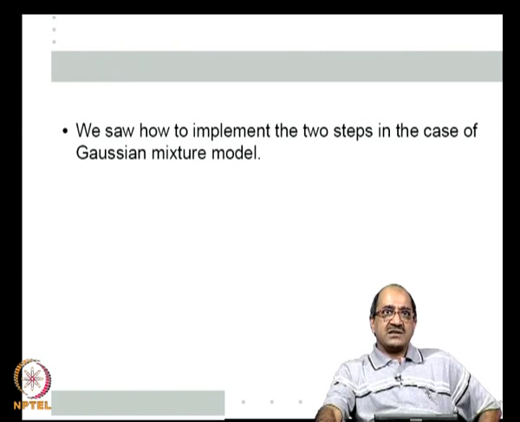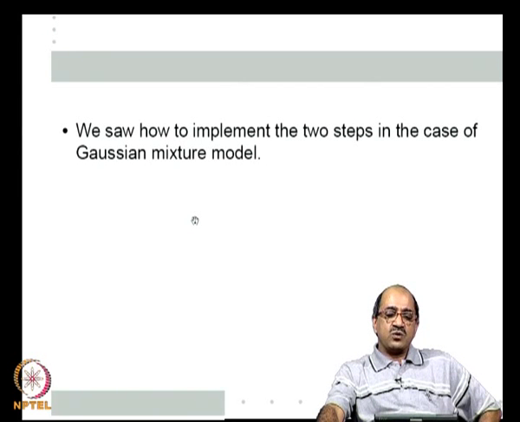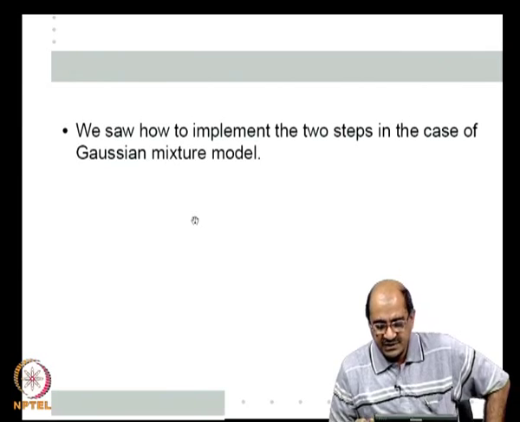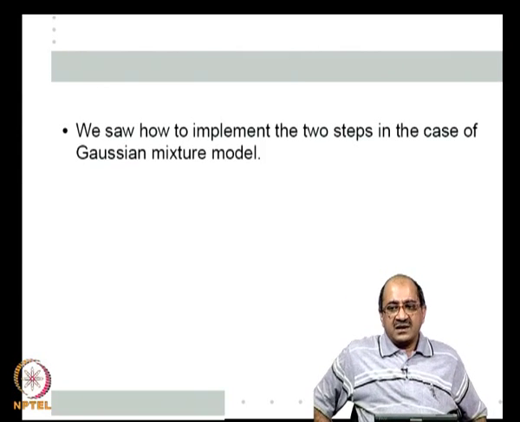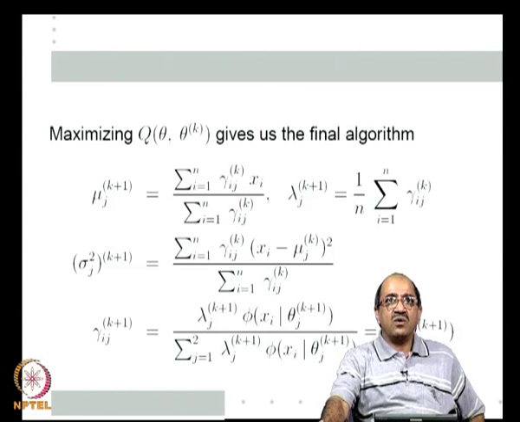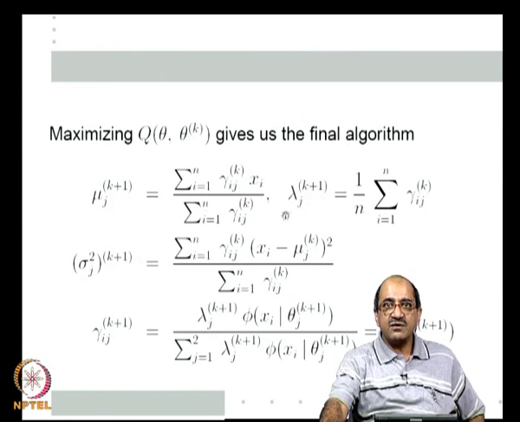So, let us sum up the example. We saw how to implement the two steps in the case of a Gaussian mixture model. Okay. The Gaussianness of the model only helped us to get the specific forms for the densities, right.